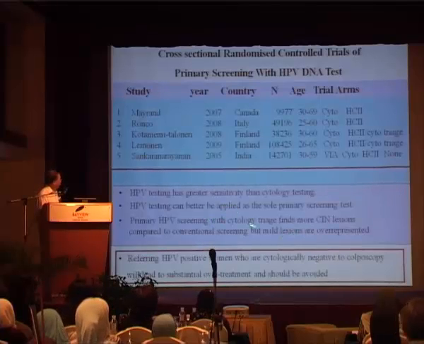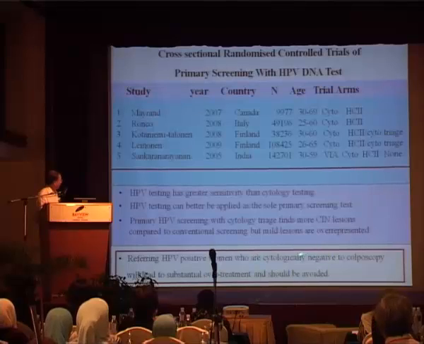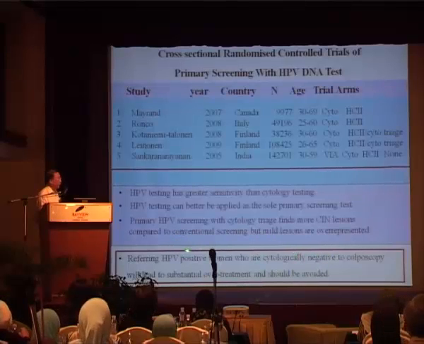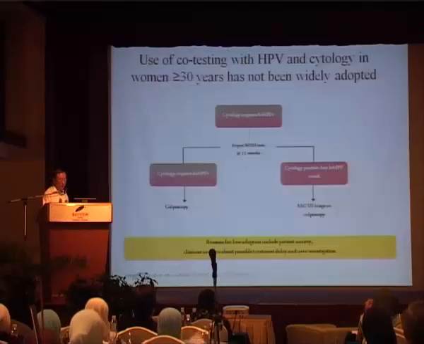So we all know that about 10% of these women are going to be cytologically negative, but yet HPV high-risk positive. And what are we going to do with this 10% of women?